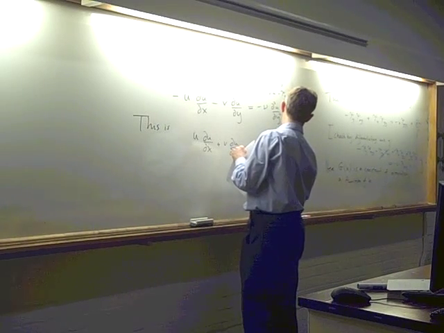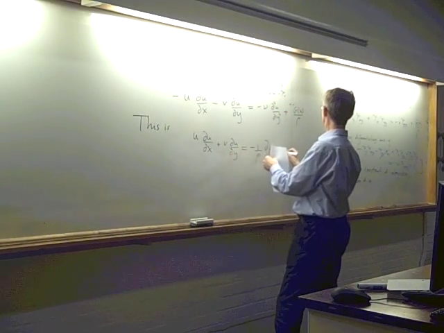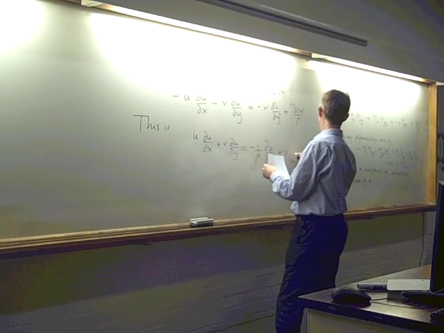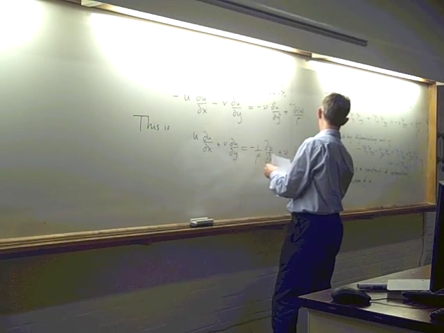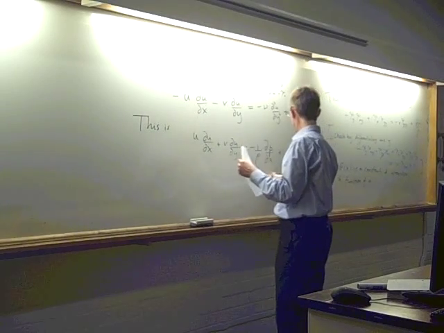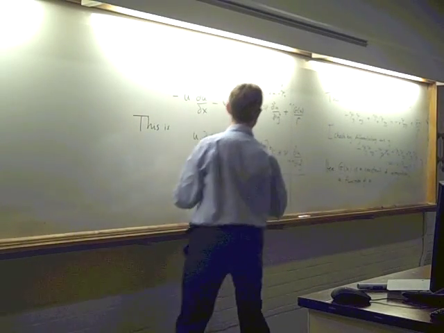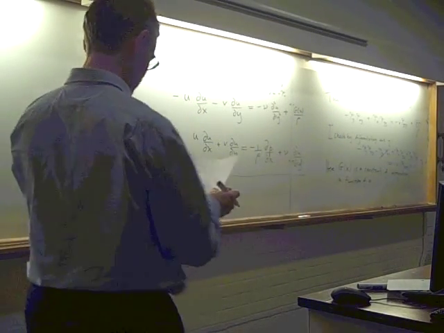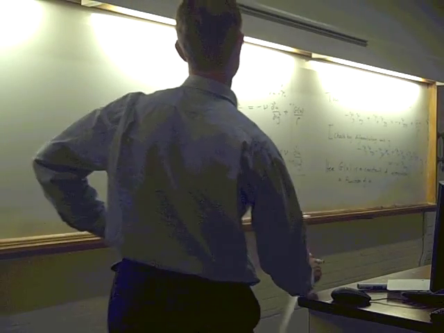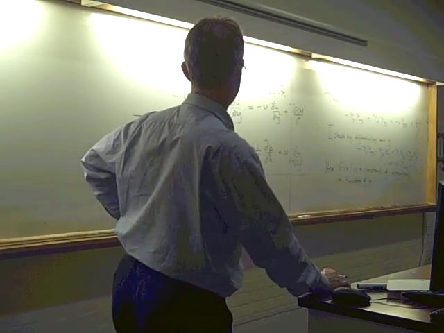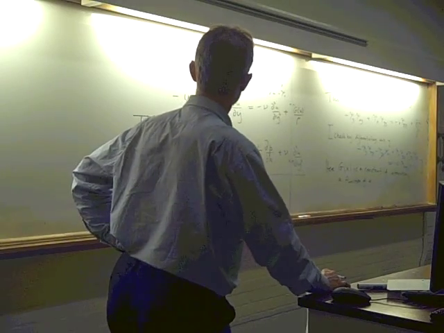Plus mu d2 u by dy squared. And that's basically part of our Navier-Stokes equation.